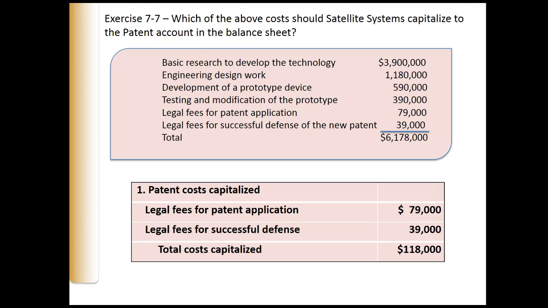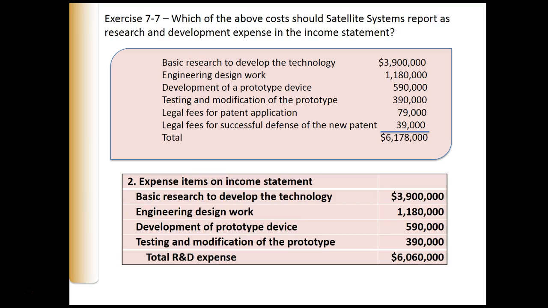So as far as the cost to capitalize, legal fees for the patent and for defense would be capitalized. Those are the only items that get capitalized for an internally generated patent. So that would total $118,000.